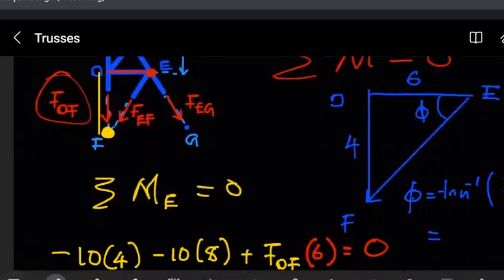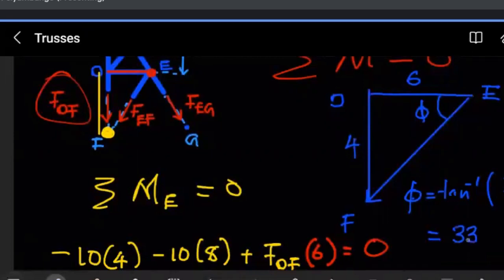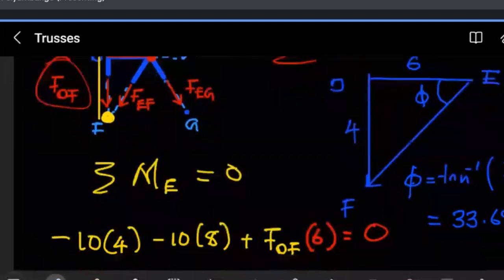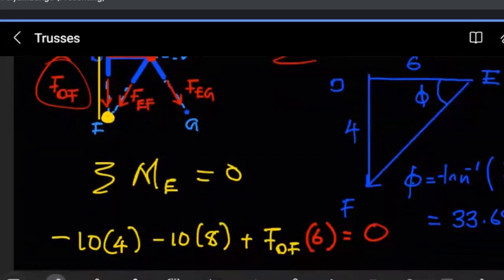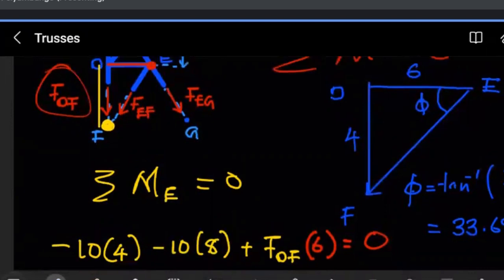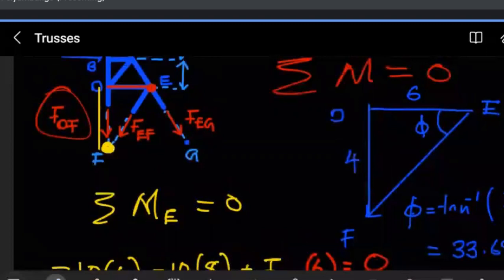I'm getting 33.69 degrees. Okay, great. So phi there has come out to be 33.69. So having found what phi is, we can then use that angle to break down our force.